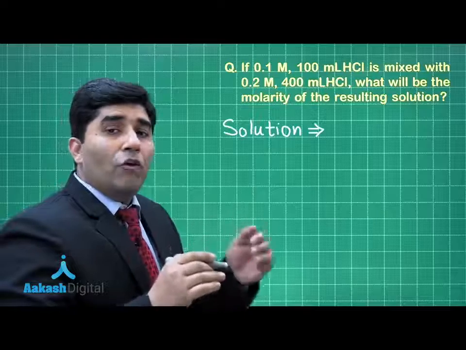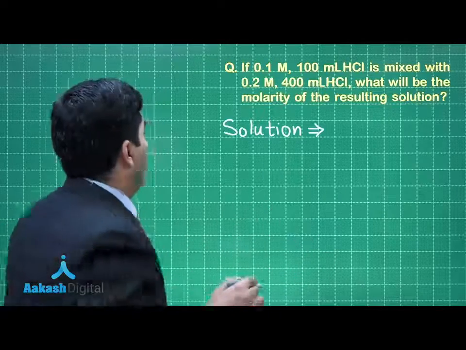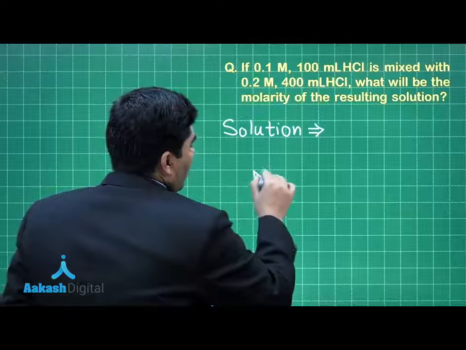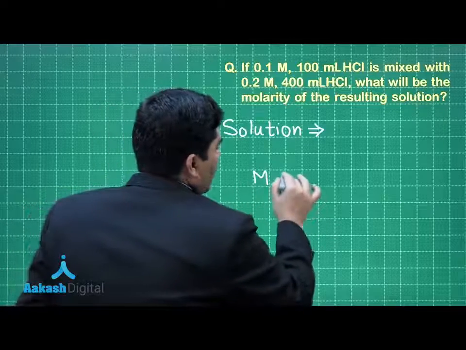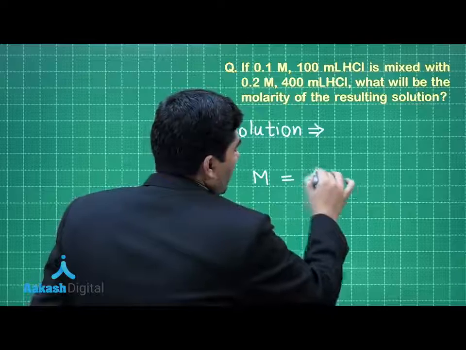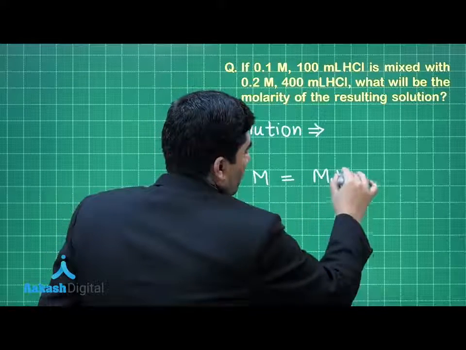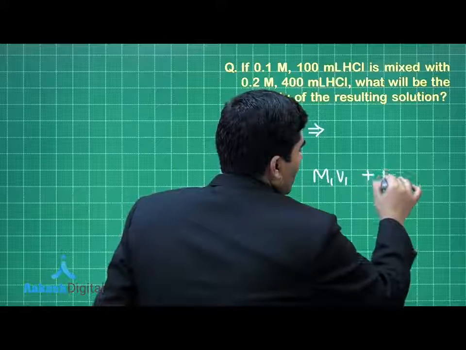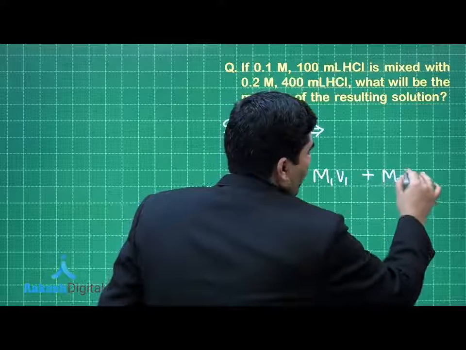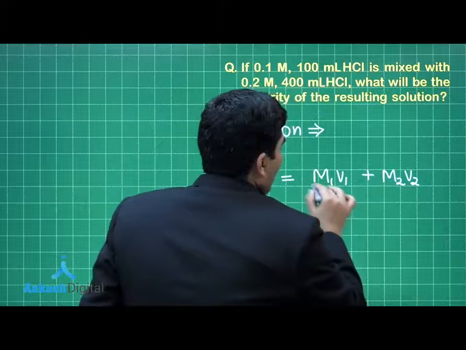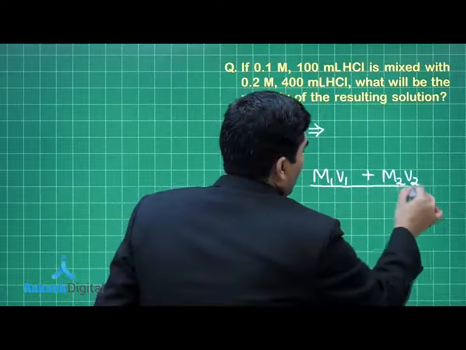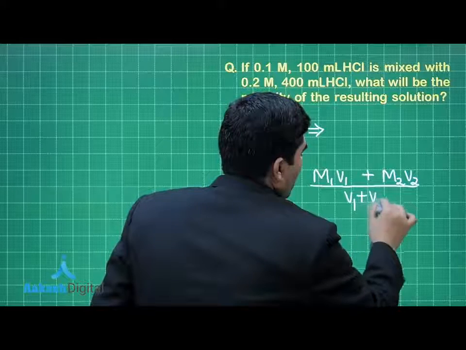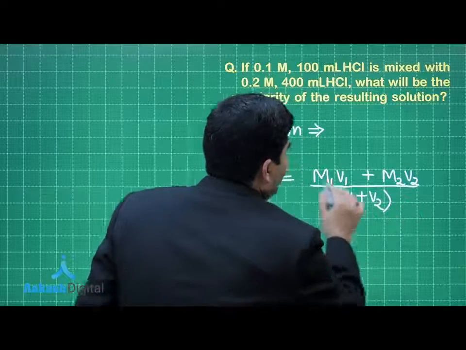Let's see how the formula of mixing works: the molarity of the final solution will be equal to M1V1 plus M2V2, whole divided by V1 plus V2.